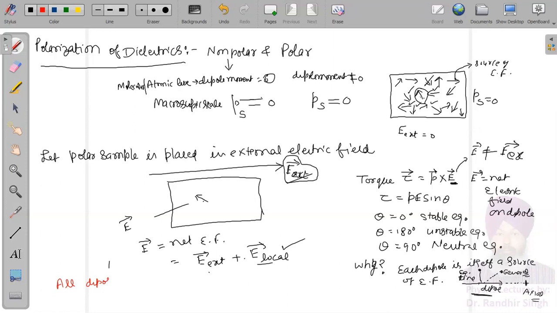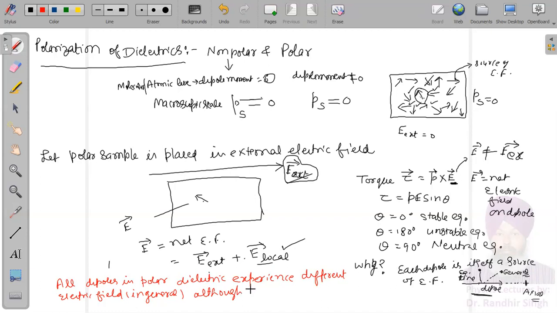All dipoles in polar dielectric experience different electric field in general, although applied electric field is same for all, and that was E ext.